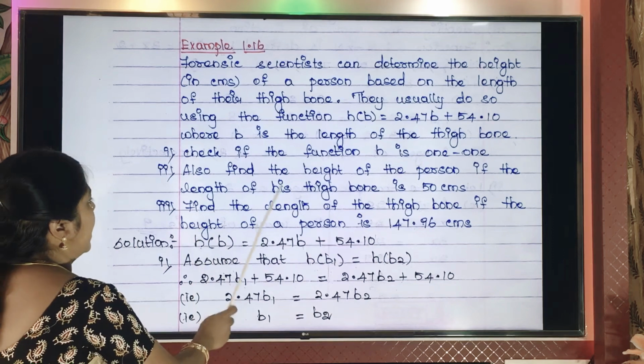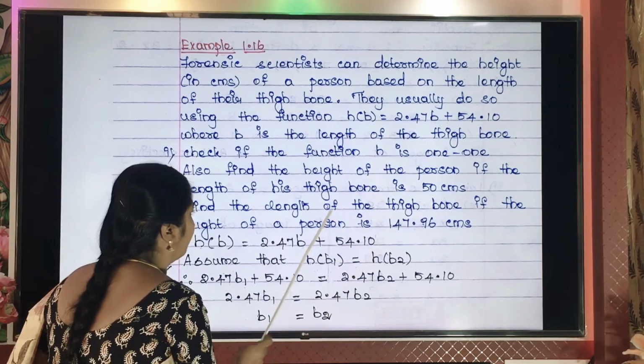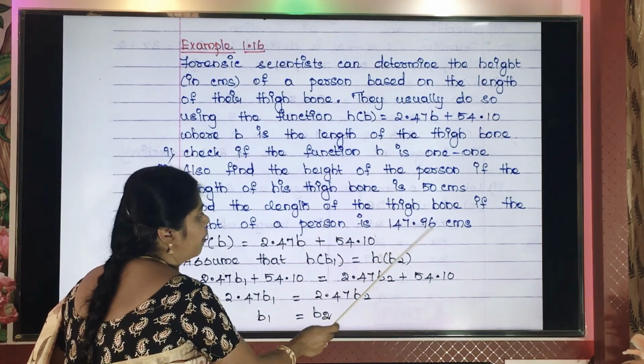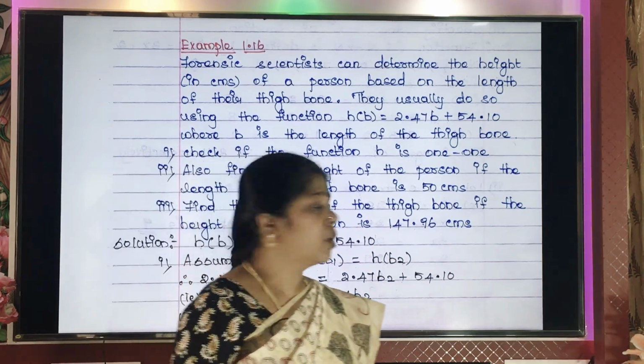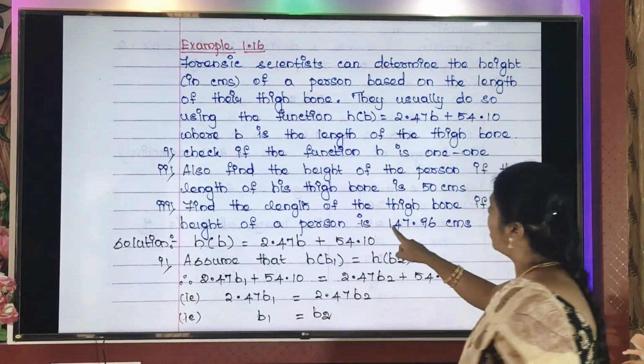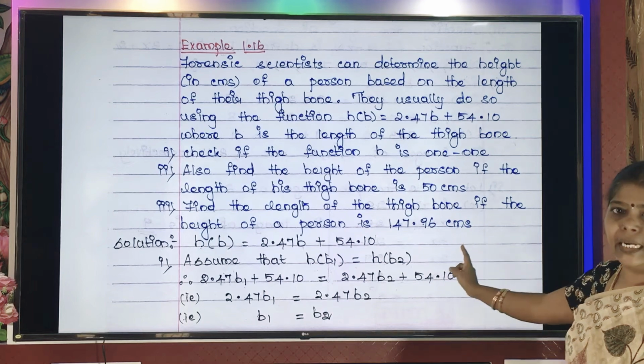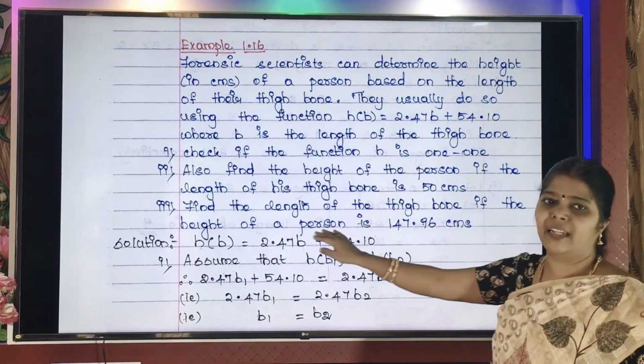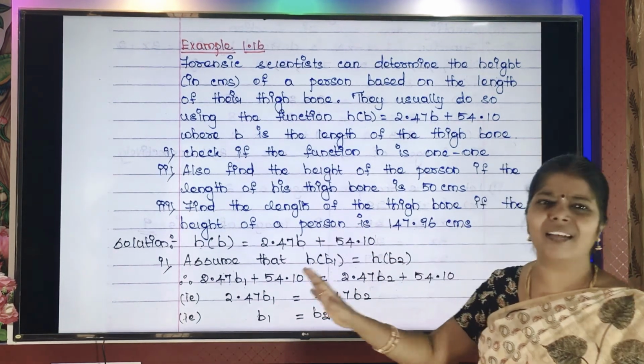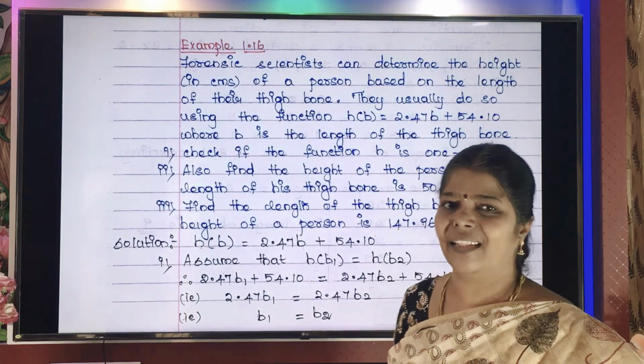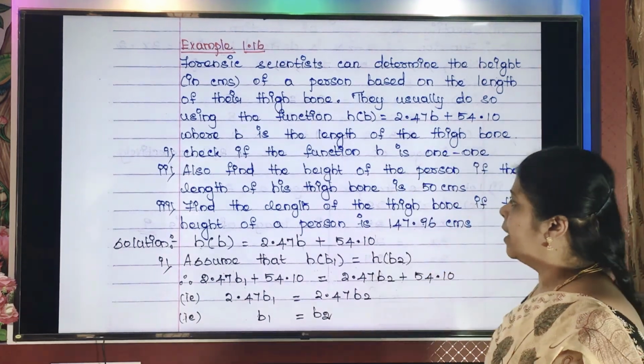Next, find the length of the thigh bone if the person's height is 147.96 centimeters. So if the person's height is 147.96 centimeters, we are supposed to find the thigh bone. More or less similar to the sum we have seen in the example. Okay. Now let us see.